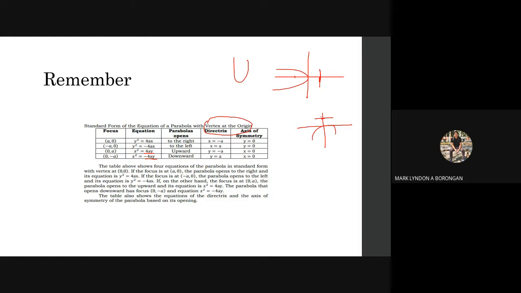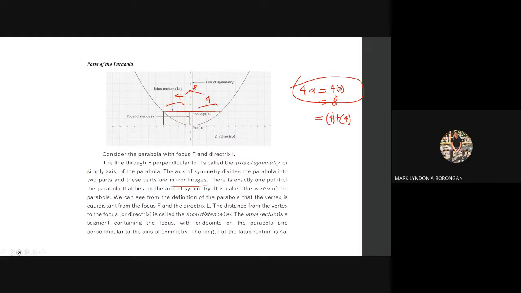So you have there the table, which shows four equations of the parabola in standard form with vertex at 0, 0. So if the focus is at a, 0, what is a? Our focus, or our focal distance, is a. Let me clear everything. Given our graph, the focal distance is a, right? So our a here is 0, 1, 2.